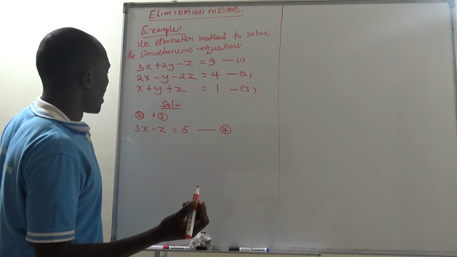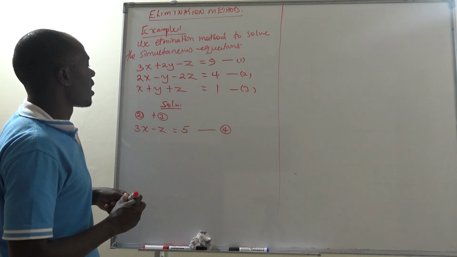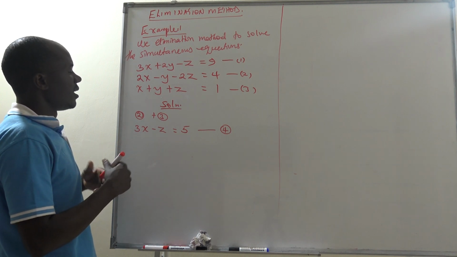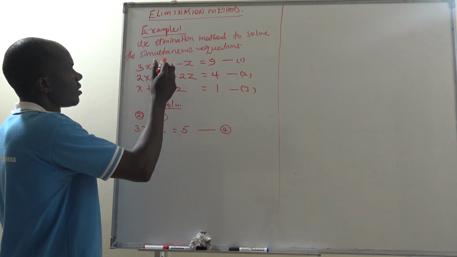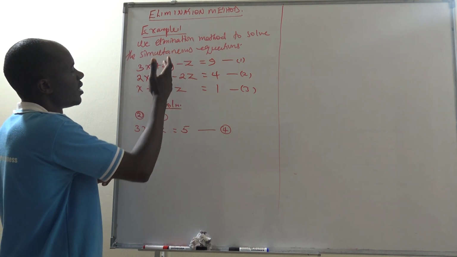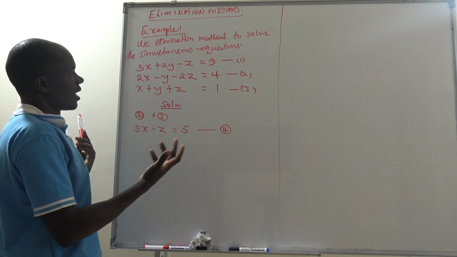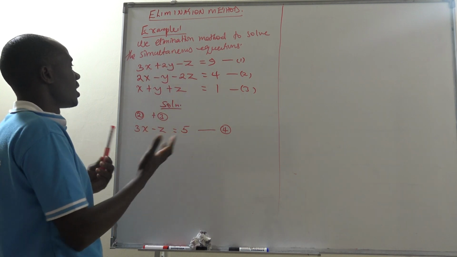You can see I have now remained with x and z. I can also deal with equations 1 and 2, and eliminate y, so that I remain with an equation in x and z.